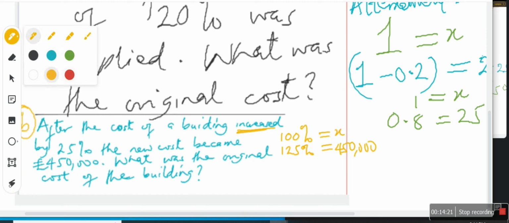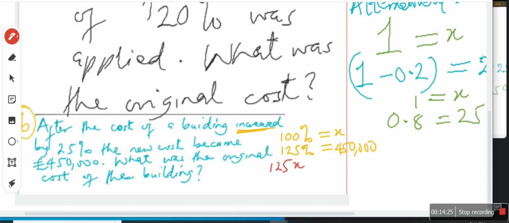So what will it be? If you cross multiply, 125x equal to, okay, so x is divide both sides by 125.